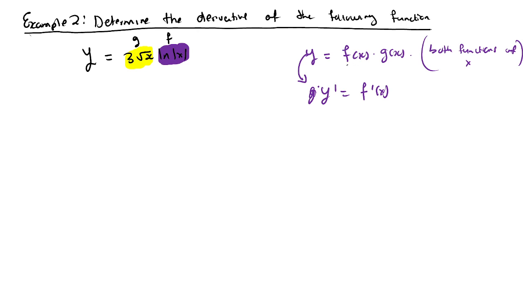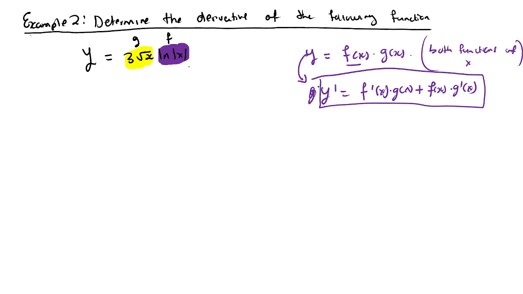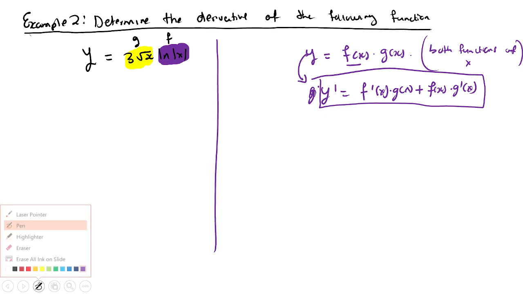You take the derivative of the first function, and then you keep the second function, plus, and then you keep the previous function, f of x, you take the derivative of the second function, and then this will be your answer. In this case, we're going to apply the same principle.